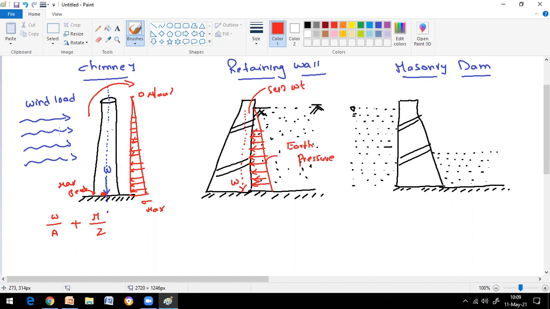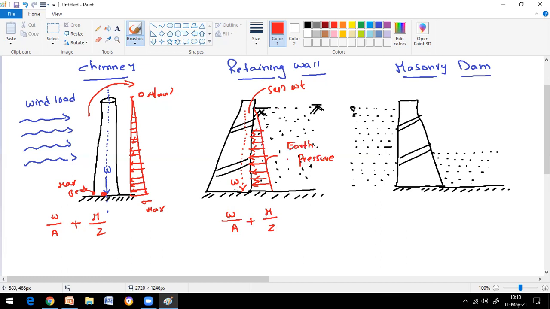Just as I talked about wind pressure here, the soil at the back side of the retaining wall will create pressure on the retaining wall. That pressure is an earth pressure, and again here there will be a direct load due to self weight. Due to the earth pressure, the maximum stress develops at the bottommost portion of the retaining wall, which is again a bending stress.